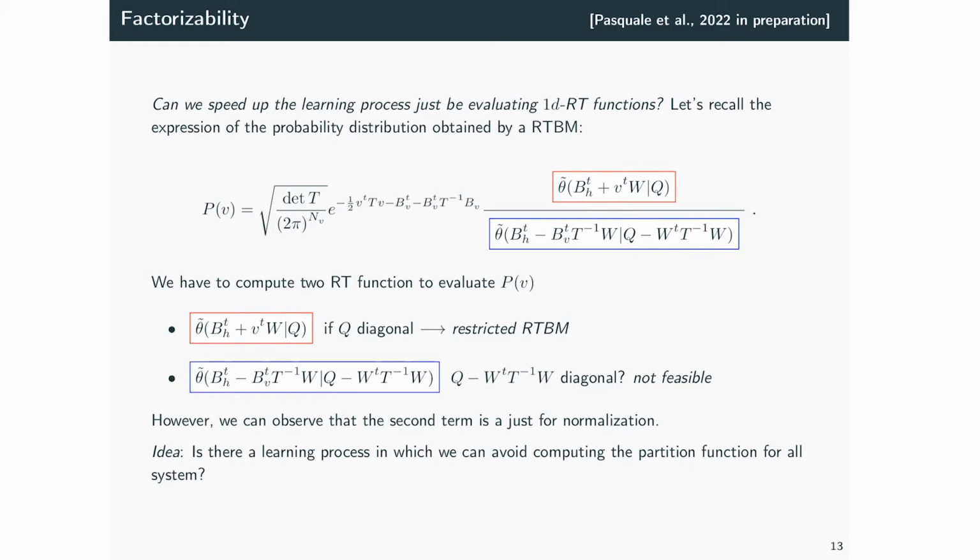But the important thing that we need to observe here is the fact that this term here is just a normalizing term, because it does not involve the state vector V. Therefore, the idea would be to change the cost function and use a particular cost function which does not require all these normalizing terms, because once we can get rid of this term, we can compute everything just using this theta function here, and we can simply impose that Q is diagonal.